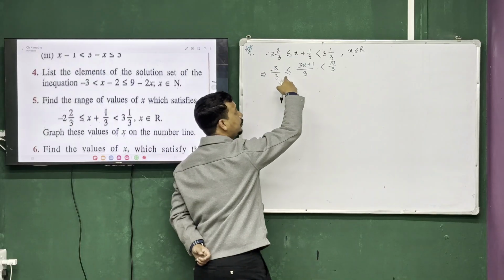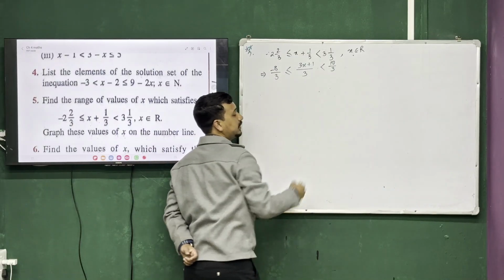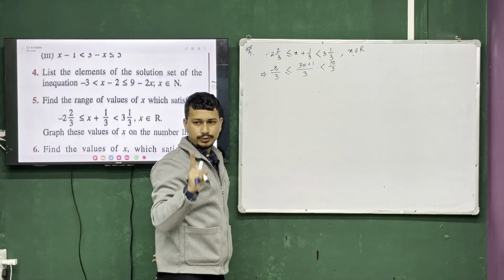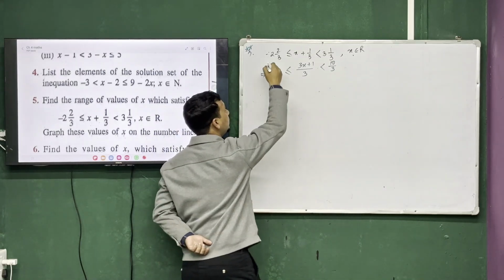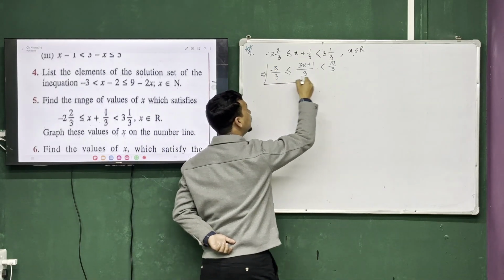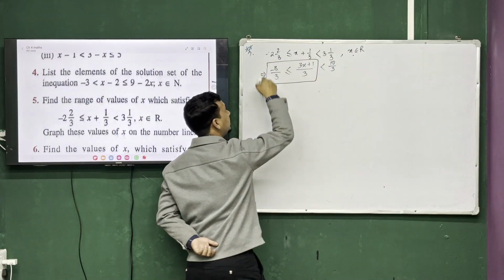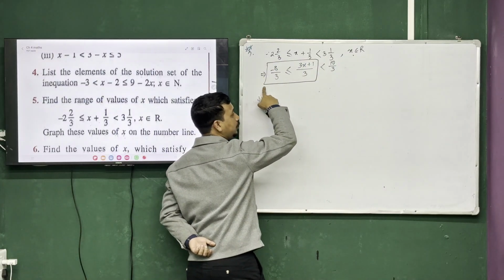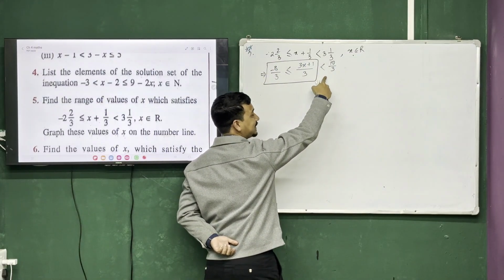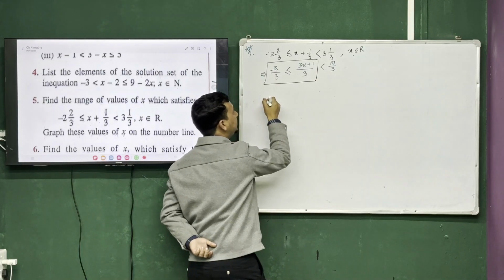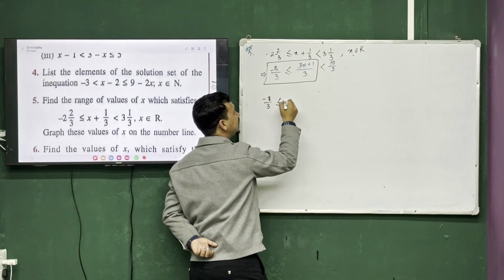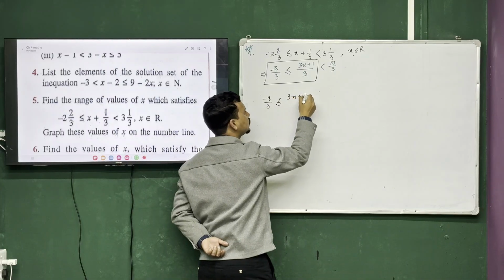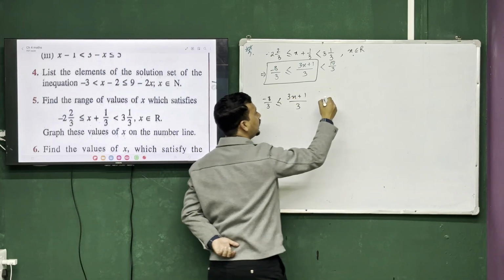So what we are going to do is split the inequality. From 2 inequalities, we'll make 1 1. Alright, so how do we do that? For the first inequality, I'm going to take these 2 terms from the beginning to the beginning of the next inequality. So it will be minus 8 by 3 is less than equal to 3x plus 1 by 3.